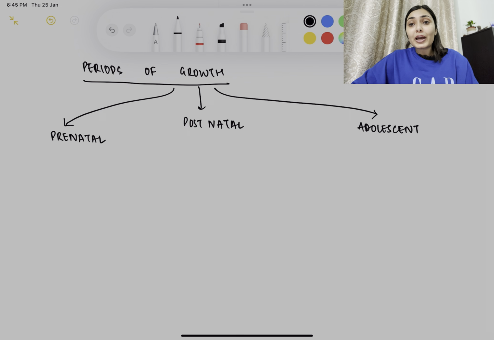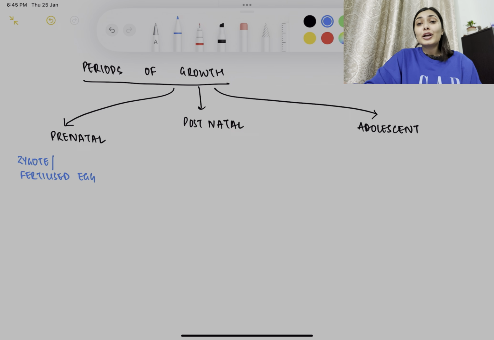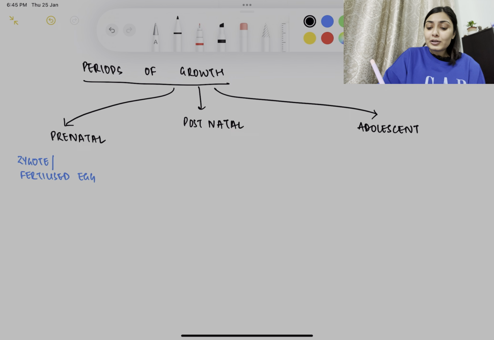Prenatal, that means inside the womb of the mother. What happens inside the womb? Firstly, an egg and sperm meet to form a zygote, right? This zygote or fertilized egg is the term used till 2 weeks of life.